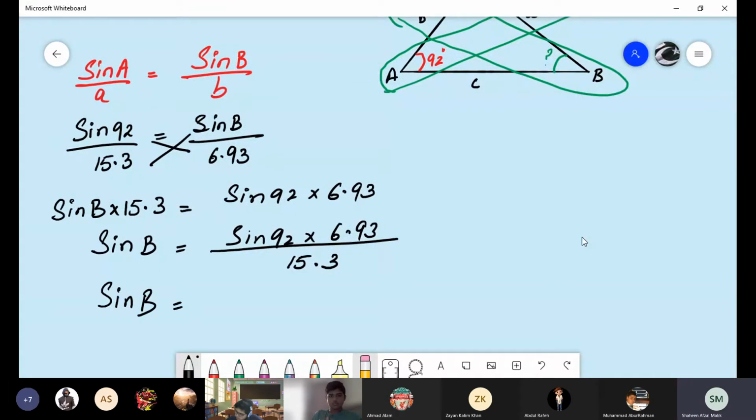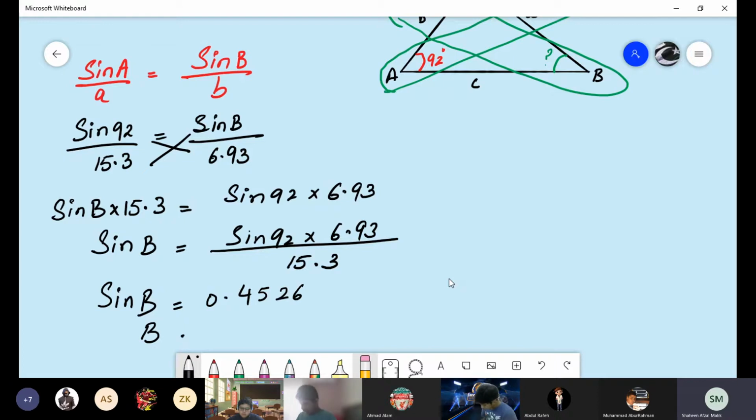Sine B is equal to 0.45. Can you tell me four digits? 0.4526. Yes.